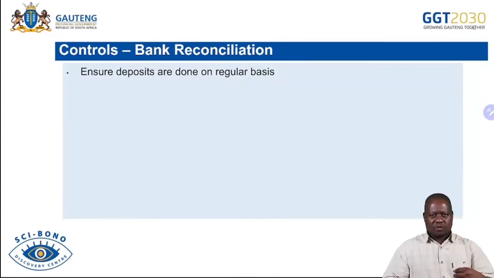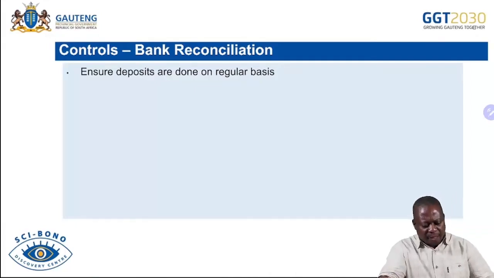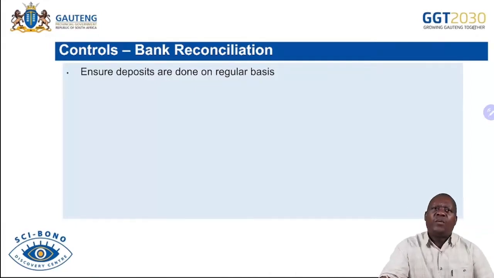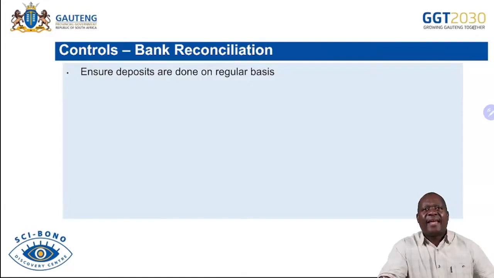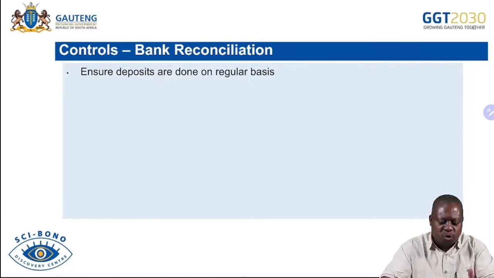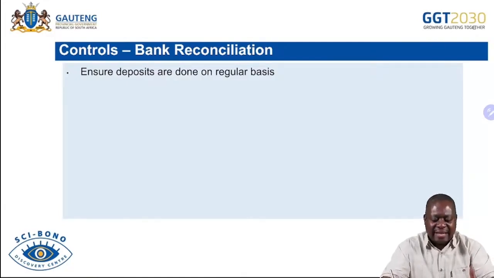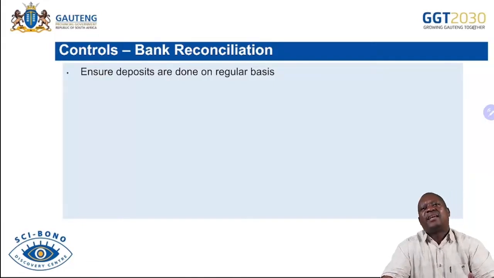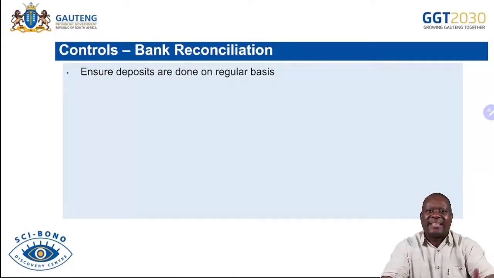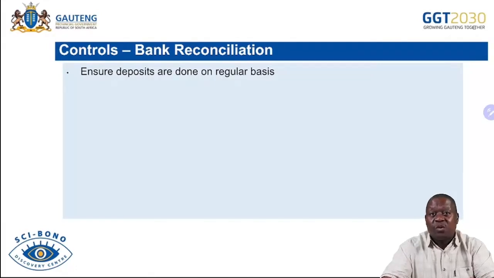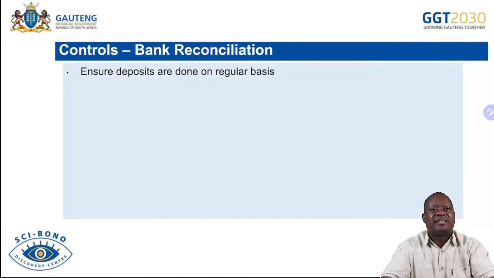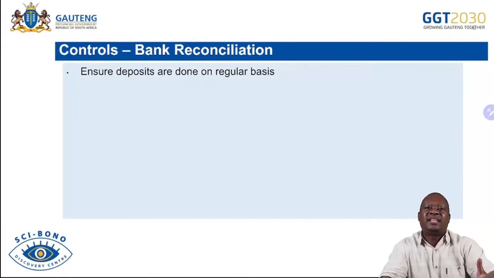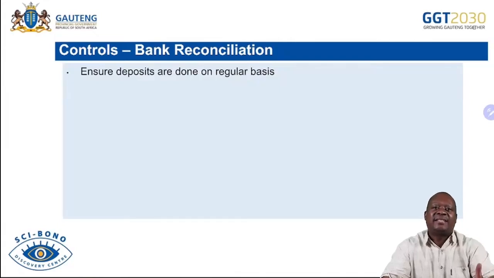One thing that we must take note of is, whenever we are dealing with cash, it is the duty of the business to ensure that deposits are done on a regular basis. I would want to say cash should be deposited daily. And when you look into big businesses, cash is deposited even more than twice in a single day.